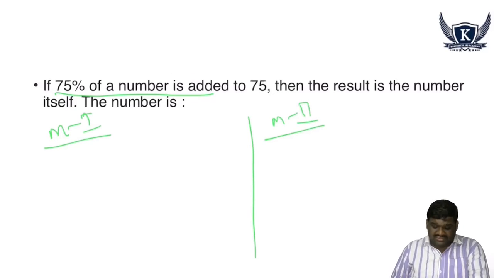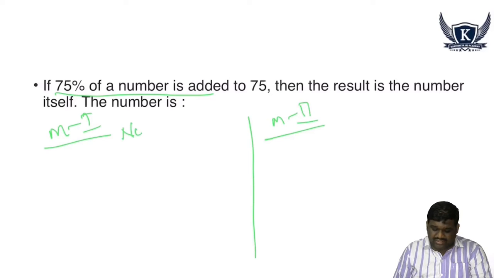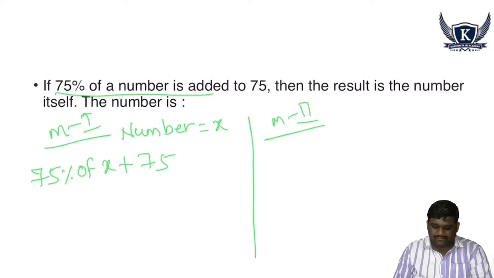Method 1, let us consider it as x. Let the unknown number be x. So I am taking it as it is. Number is x. 75% of x is added to 75. Then the result is the number itself. That means I have got x again.